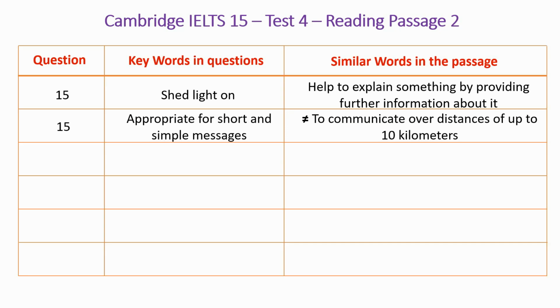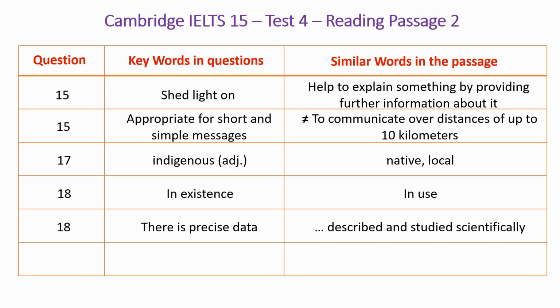Appropriate for short and simple messages. The opposite is to communicate over distances of up to 10 kilometers. Indigenous, an adjective, means native, local. Again, this is just a meaning. In existence, in use.